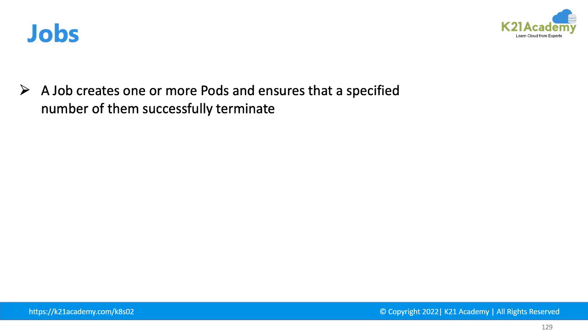But we can create a job when we want one or more pods to get created, and we can have a task which can be executed by more than one of the pods. For example, think of an application like Google Photos, or applications which used to render photos from one format to another, right?